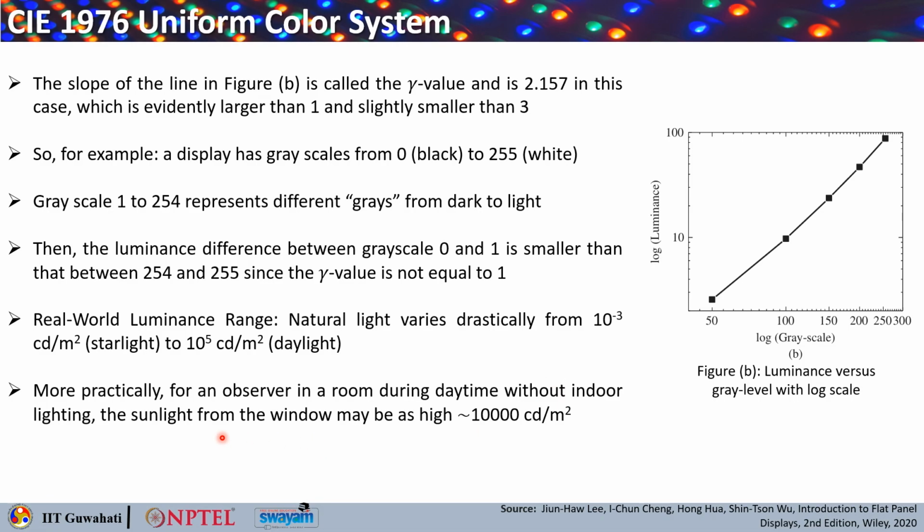So for an observer in a room during daytime without indoor lighting, the sunlight from the window may be as high as 10 to the power 4 candela per meter square. So that is typically the luminance that is there during a daytime inside a room when there is sunlight outside.